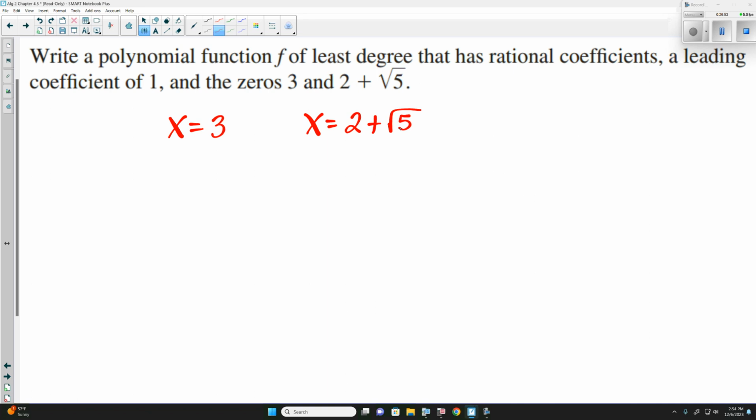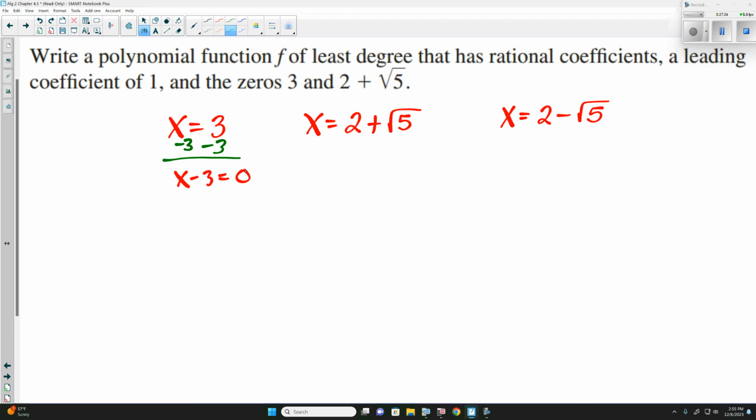Now, since 2 plus the square root of 5 is a solution, 2 minus the square root of 5 is also a solution. First step, we're going to get all these equal to 0, with the terms on the same side. So here, we subtract 3: x minus 3 is equal to 0.